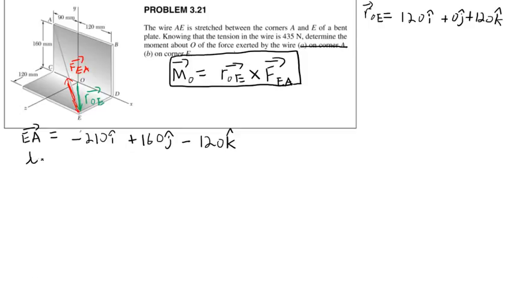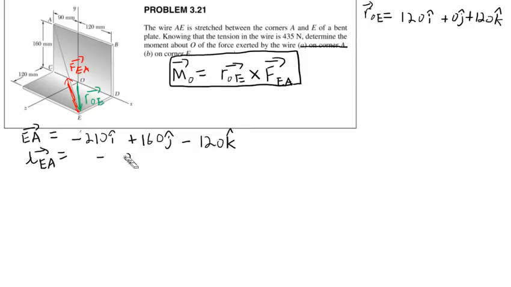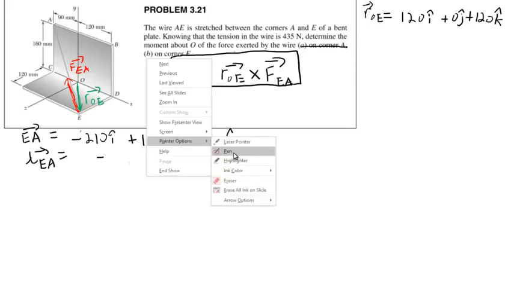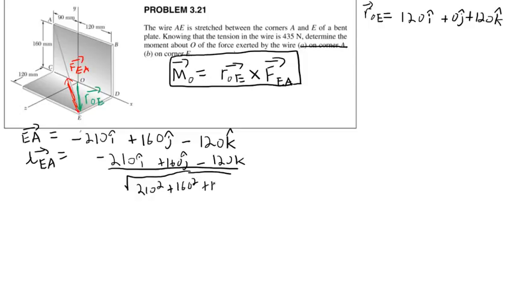Next, we can find lambda EA, which is going to be equal to negative 210I plus 160J minus 120K, all divided by the square root of, so just the Pythagorean here, 210 squared plus 160 squared plus 120 squared.